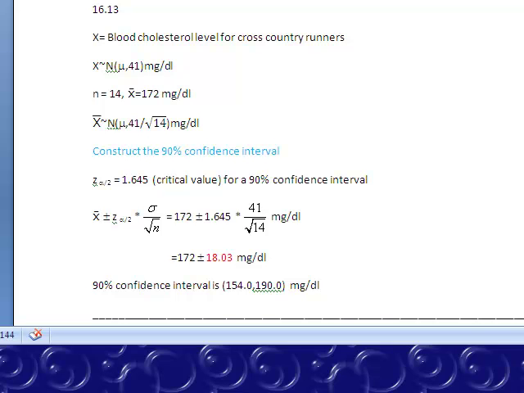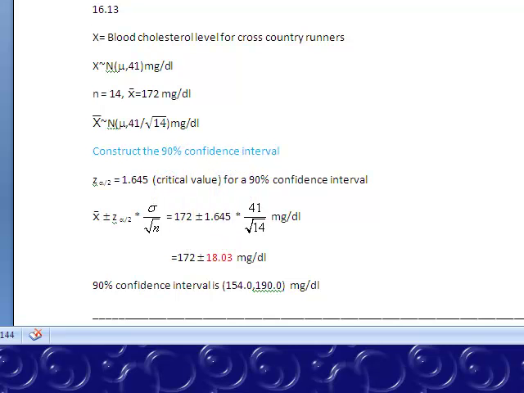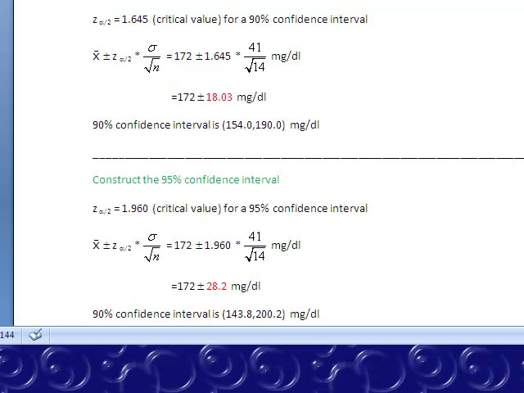Now, on a test or a quiz, you could either have the answer like this, where it's given to you as the sample mean plus or minus that margin of error, and the margin of error here is 18.03, or you could be given it in interval form, 154.0, comma, 190.0. And down below is me constructing a 95% confidence interval.